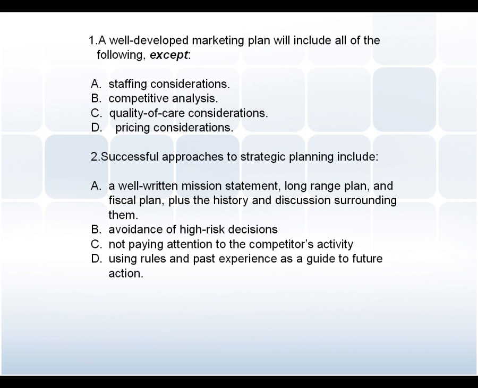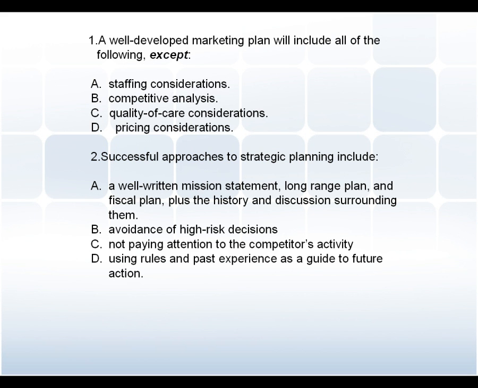B is avoidance of high-risk decisions. It says successful approaches to strategic planning include avoidance of high-risk decisions. That doesn't really make any sense to me, so I'm going to guess probably not. C, not paying attention to the competitor's activity. You absolutely need to pay attention to what's happening with the competitor, so I'm going to rule that one out.